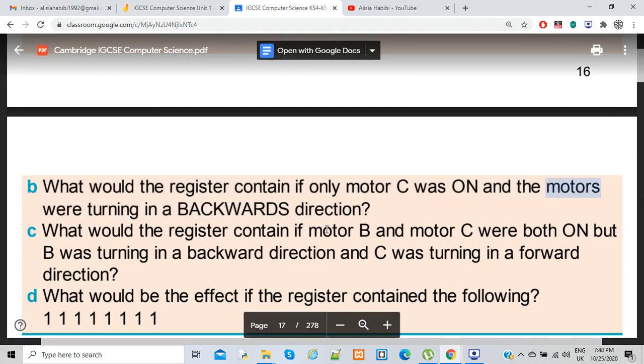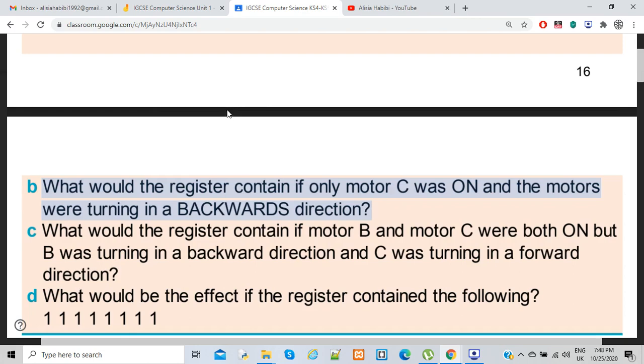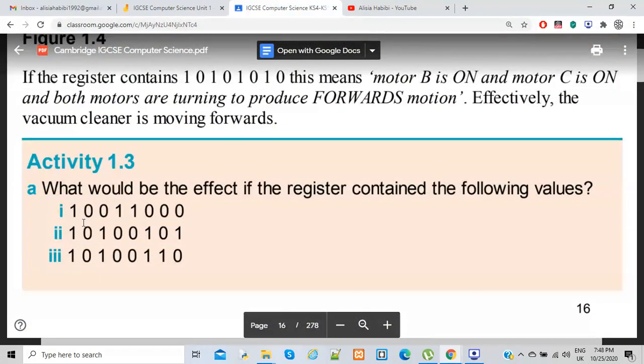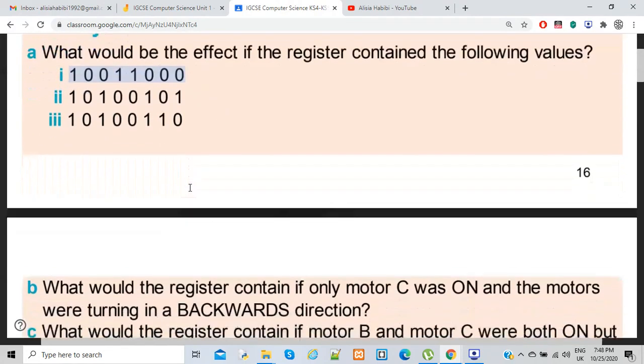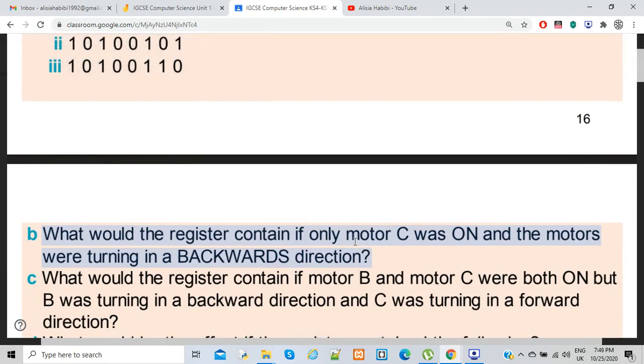They're telling you to interpret this scenario into a binary digit made up of 8 bits, like what we did. Instead of interpreting 8 bits into an instruction, we now have an instruction and need to interpret it into machine code, made up of 1s and 0s, so that the vacuum cleaner can understand what to do.